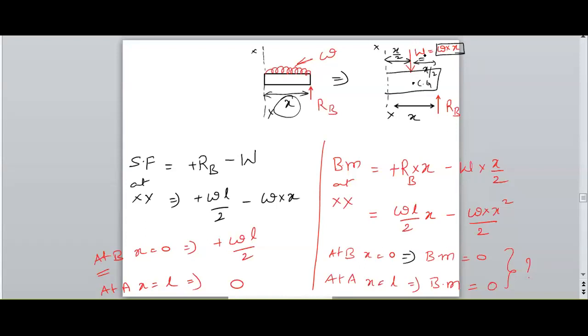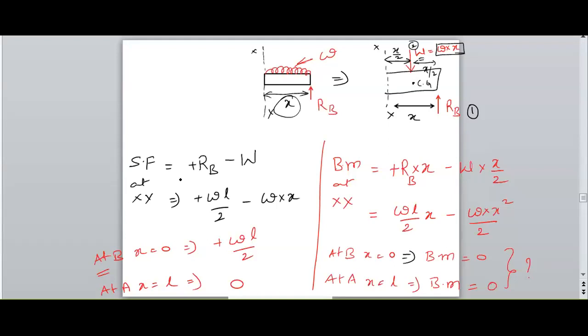Now, I have two forces: the first force is RB and the second force is capital W. Only two point loads exist on the right hand side of my section.